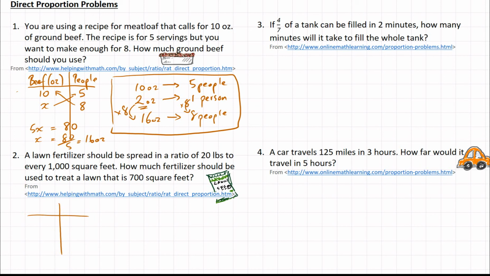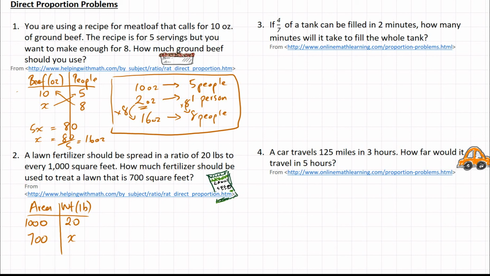So let's use a table. We've got area of lawn and weight of fertilizer. So we know that if we've got 1,000 square feet, we need 20 pounds of fertilizer. If we've got 700 square feet, how much fertilizer do we need?